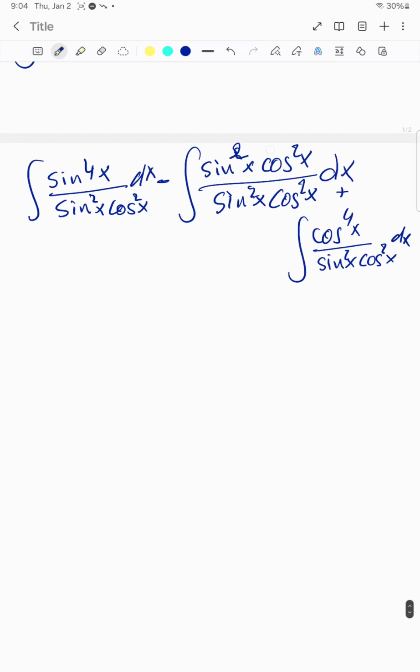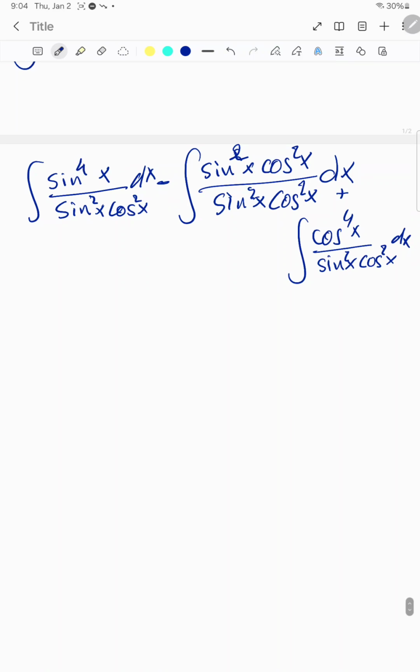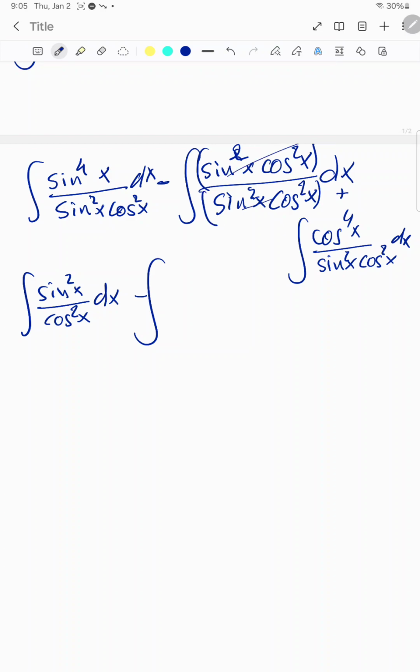Now, if I look at my first integral, sine to the power 4 of x divided by sine to the power 2 of x is the integral of sine to the power 2 of x divided by cosine to the power 2 of x dx, minus the integral, here I have multiplication divided by multiplication, I don't have plus or minus, I can simplify it, it becomes minus dx, plus, and here the cosine to the power 4 becomes 2, cosine square of x divided by sine square of x dx.